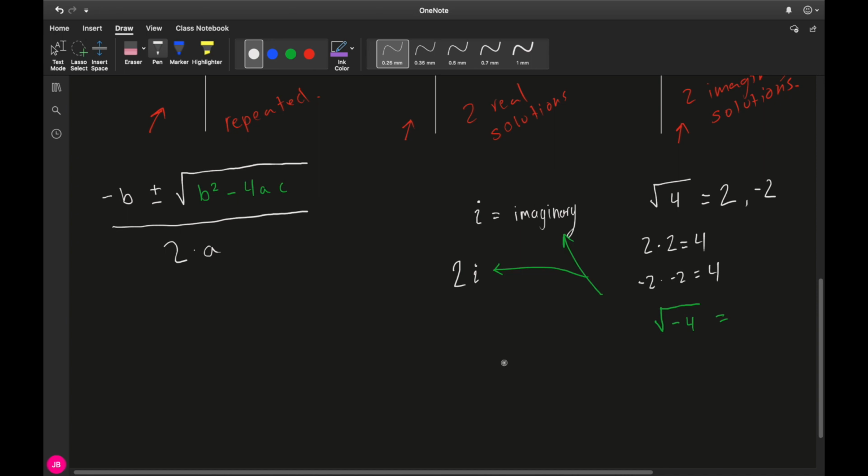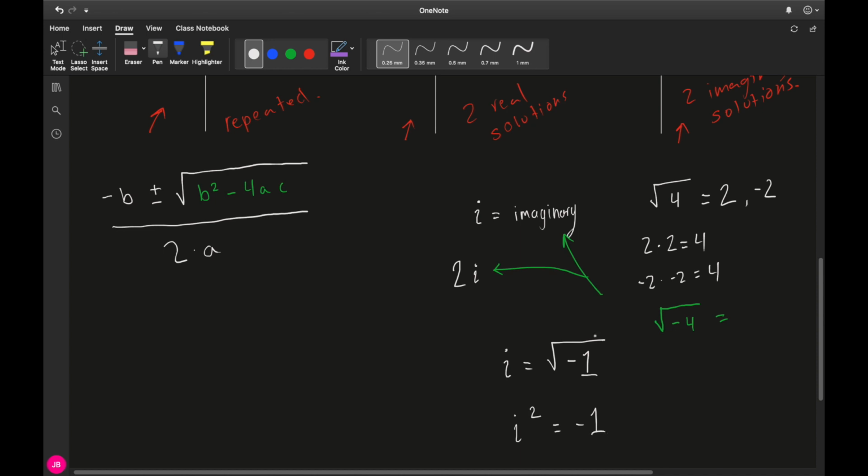They said, hey, what we're going to do is we're going to make i be equal to the square root of negative 1. So what does this mean? This means that whenever I take i and I square it, then my answer is negative 1.